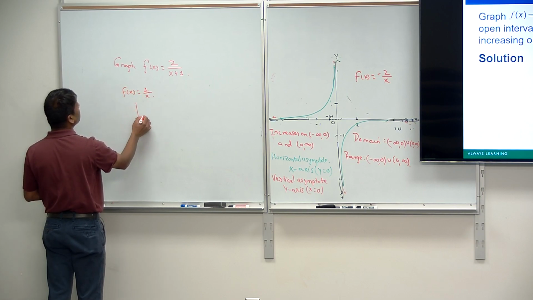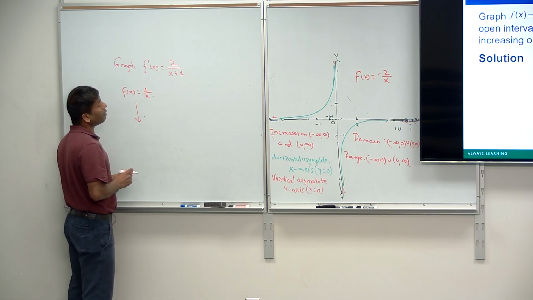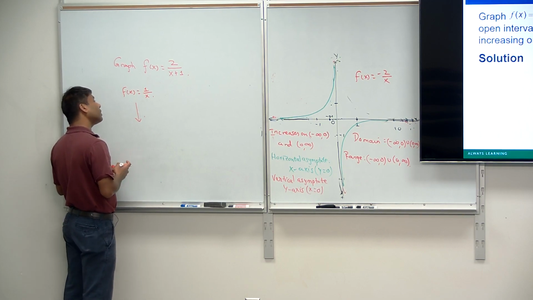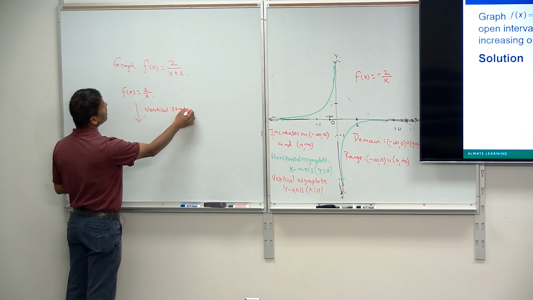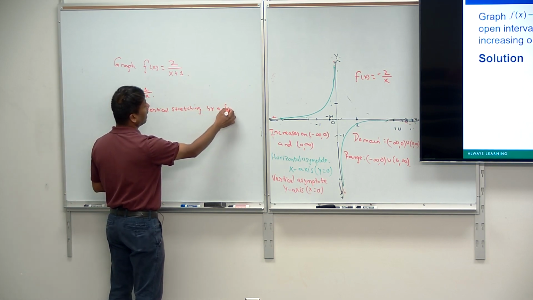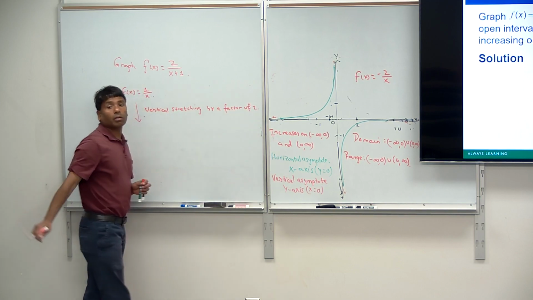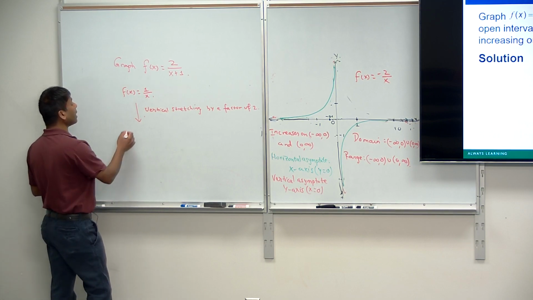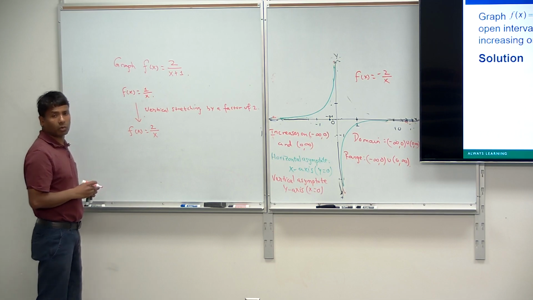So this function, you stretch this vertically by a factor of 2. So if you stretch vertically by a factor of 2, then you will get the graph of f(x) equal to 2 over x. Is that right?